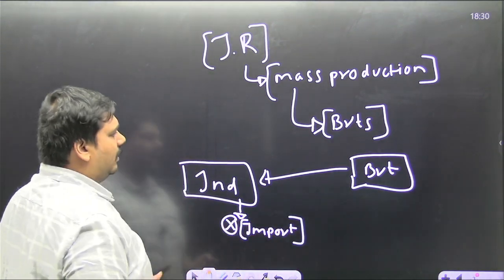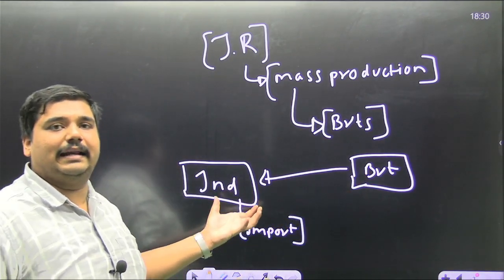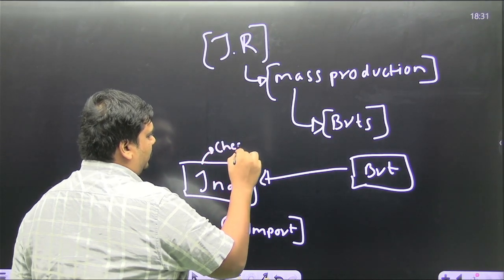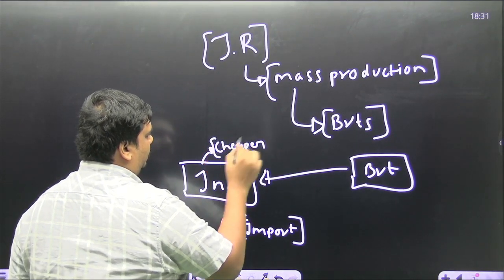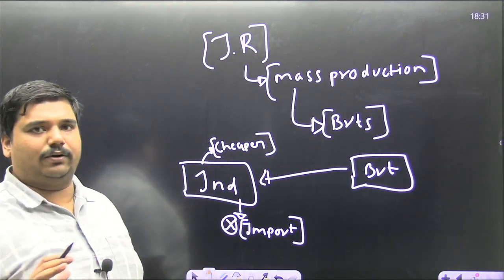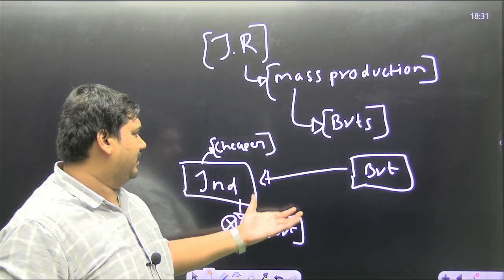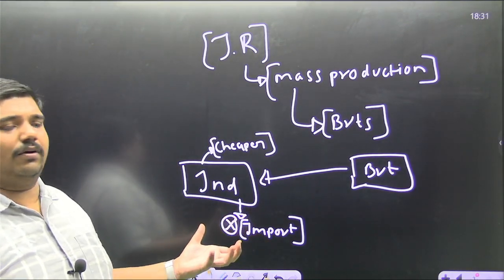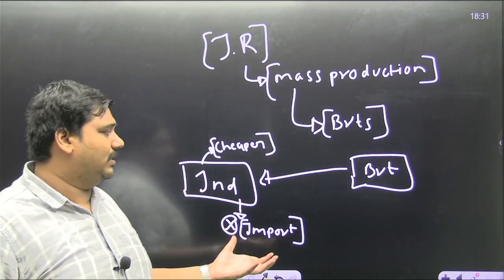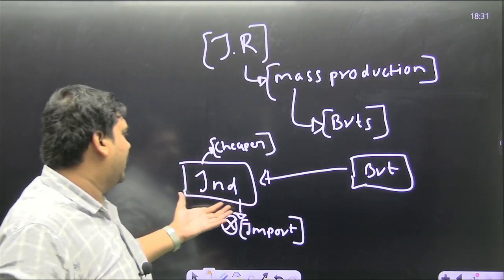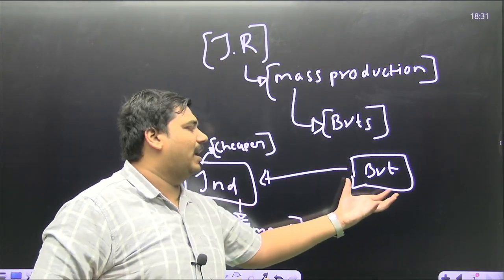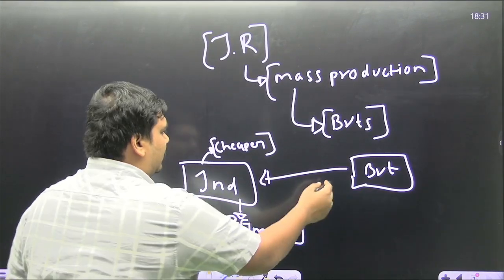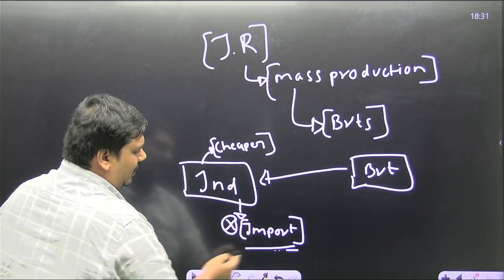Therefore, the British goods which were entering India became cheaper. They were not subjected to any import duties. Therefore, firstly the revenue of India reduced and the market of India began to flood with the British goods. So this is called an inverted tariff.